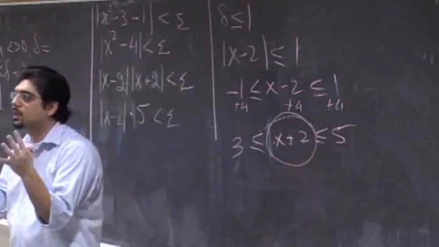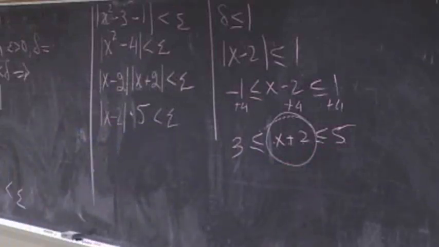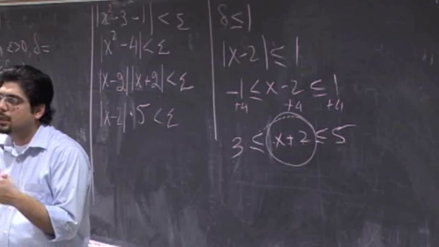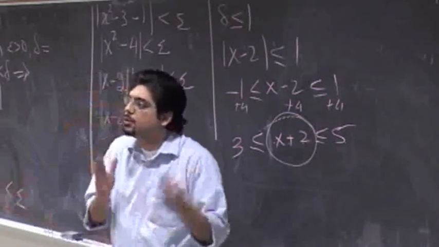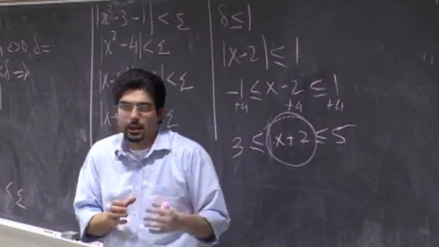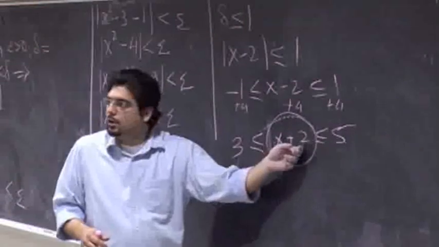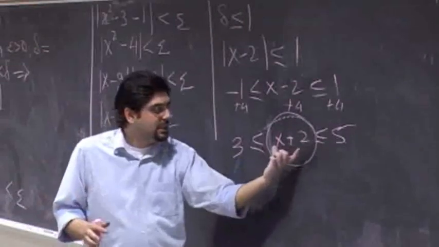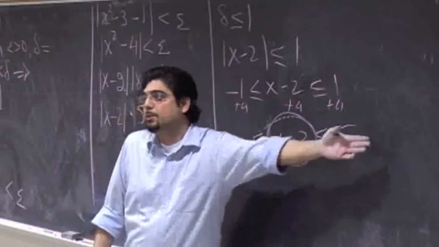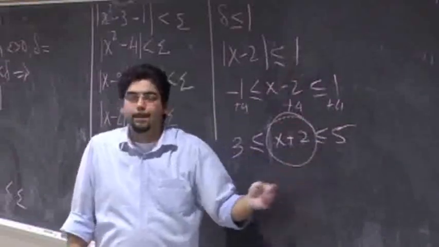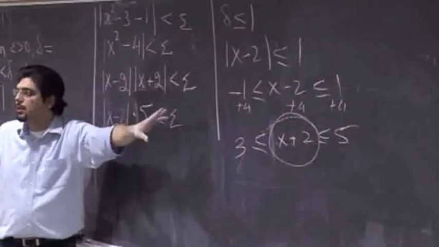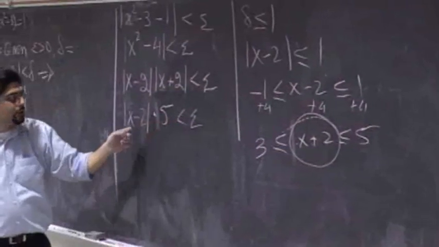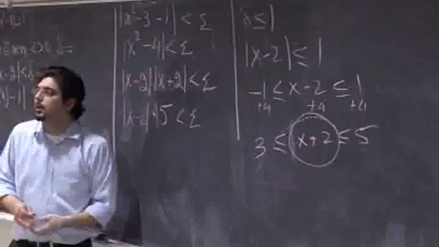When you're trying to make something small and you want to guarantee that it's small, you assume that everything goes wrong, but you still want to win. If everything goes wrong, the worst thing that can happen is that this is 5. Can't be more than 5, because we just saw why. So you want this to be less than epsilon, even in that worst case scenario. So just put 5 here and make it work.